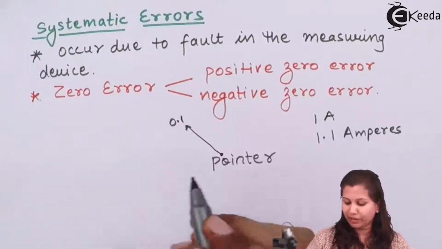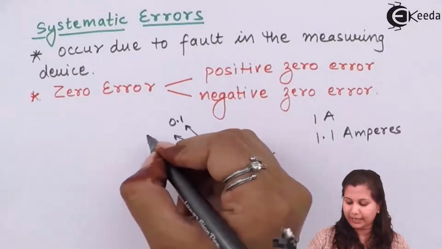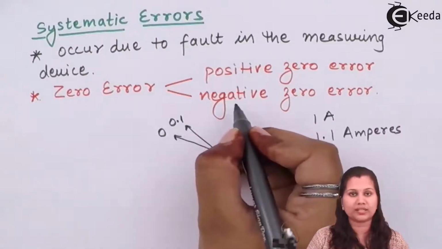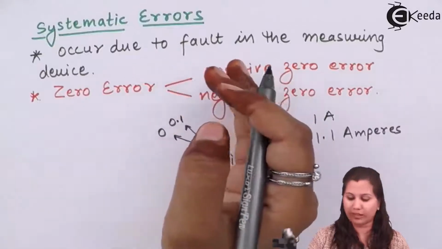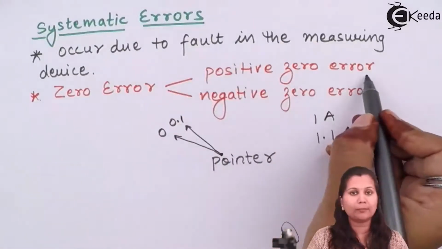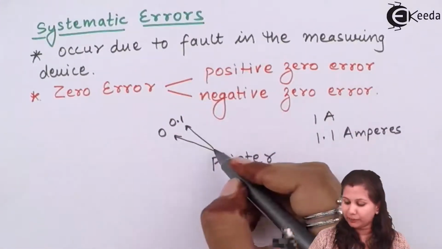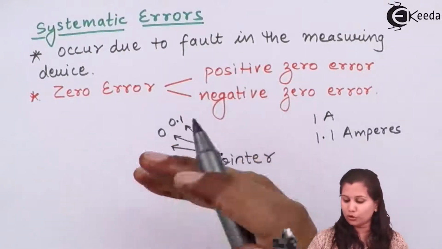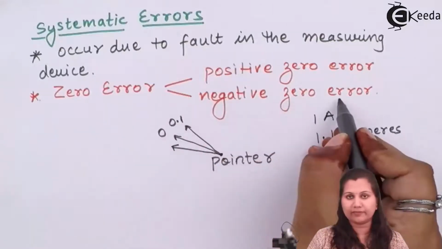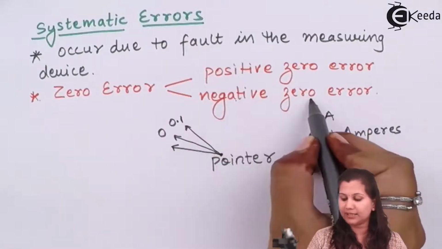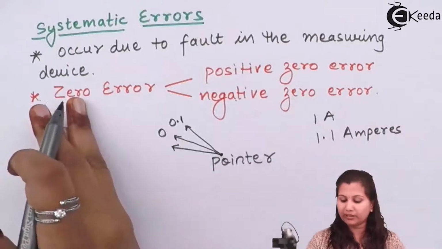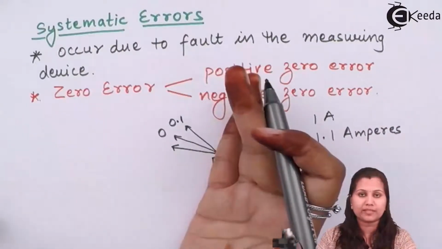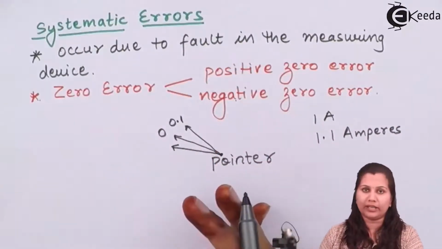This pointer has to be at 0, but it is towards the positive side at 0.1. So that type of error is called positive zero error. If the pointer is below the zero, the error which occurs is called the negative zero error. So zero error can be a positive zero error or a negative zero error.